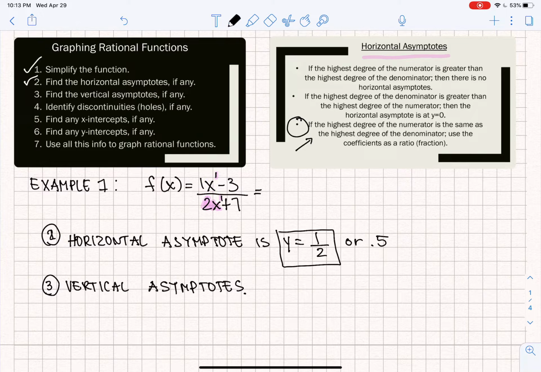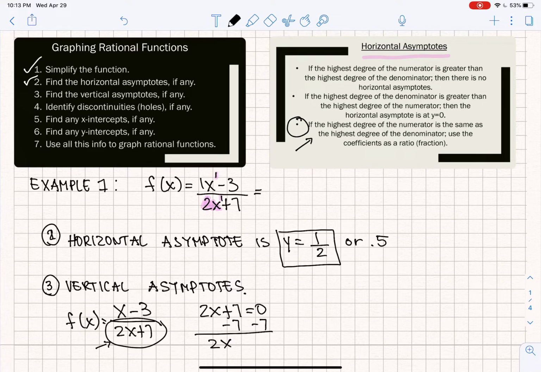We have x minus 3, 2x plus 7. We set our denominator equal to 0 to find any vertical asymptotes, because we cannot divide anything by 0. We cannot have a 0 in the denominator. That's why we end up having an asymptote. So if we set it equal to 0, we just solve for x.